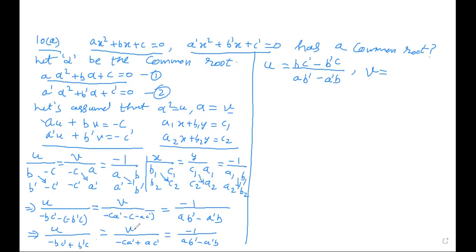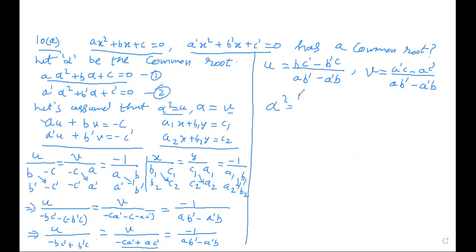Okay. And on comparing second and third, v equals to a dash c, as when we multiply minus ca dash plus ac dash with minus 1, sign will be changed. Ca dash minus ac dash over denominator ab dash minus a dash b. Is that clear to you? Now value of u we have considered alpha square.